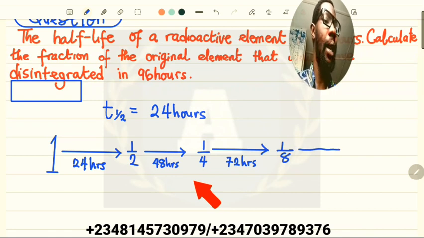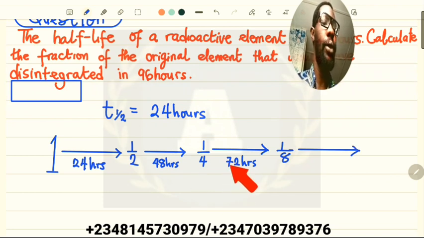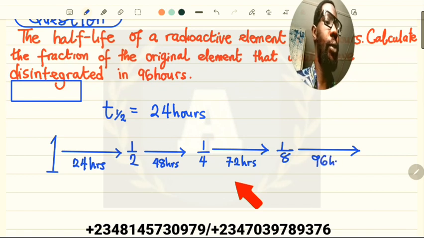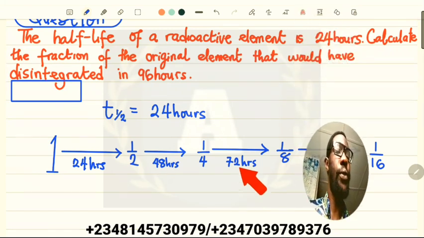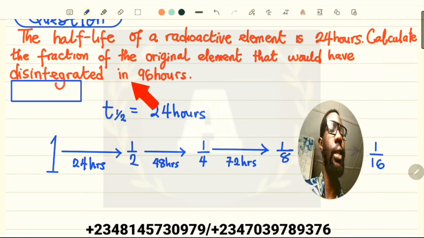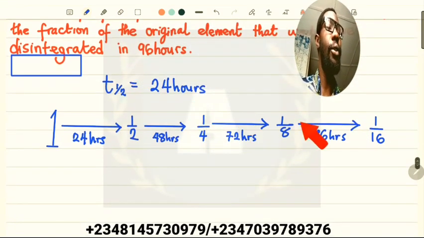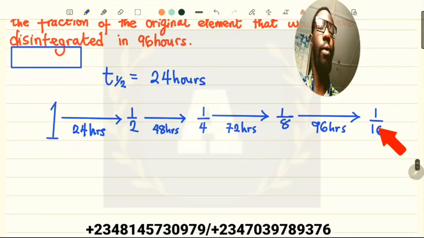Adding another 24 to 72 gives 96 hours, and after 96 hours the mass that remains is 1/16. The question asks for the fraction of the original element that would have disintegrated in 96 hours.